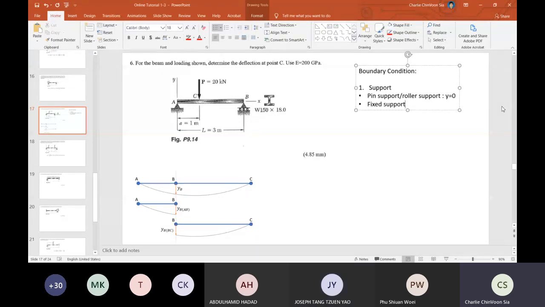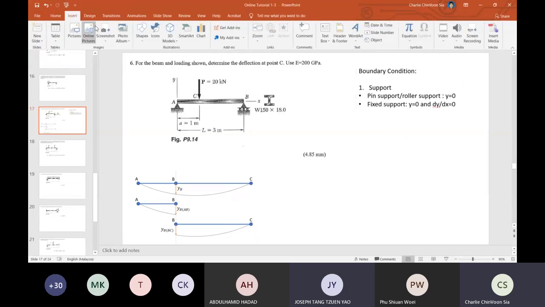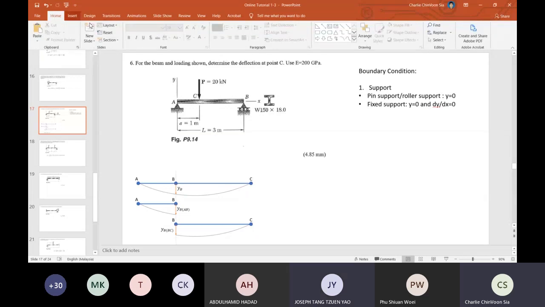For the fixed support, y equals to 0, and dy over dx, which is the slope, equals to 0. So basically from here, we need to locate the locations.